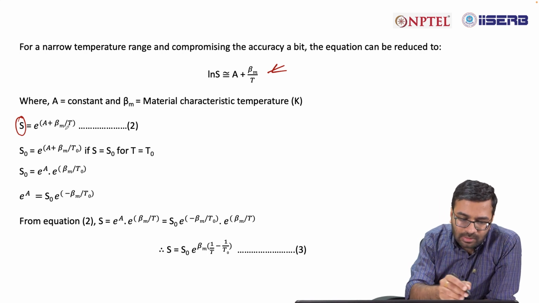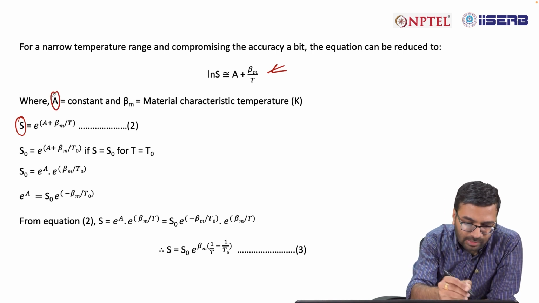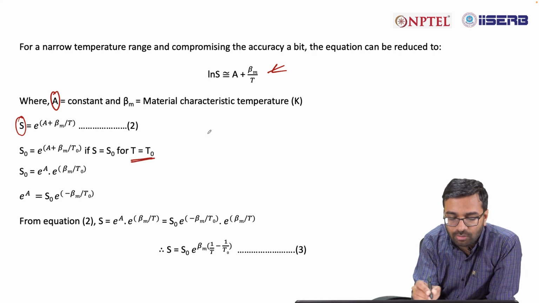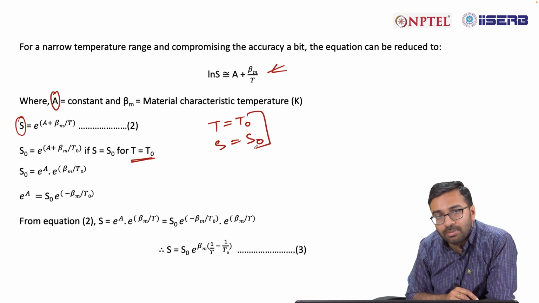Now, if you do not know the value of the constant a, you take an initial condition, say for T equal to T0, when your temperature is T0, your response is S0. That you may figure out using an experimental study.